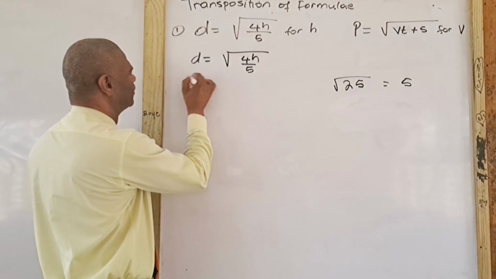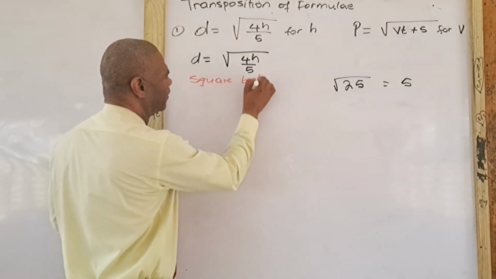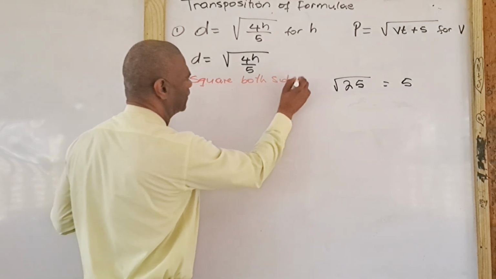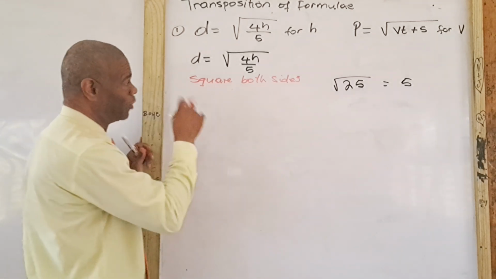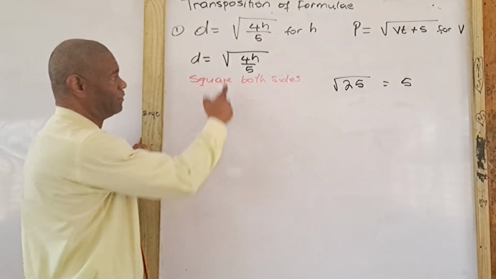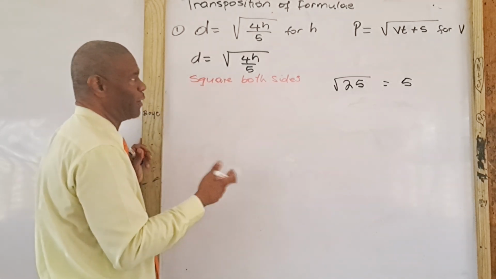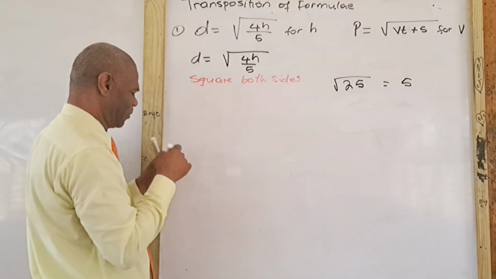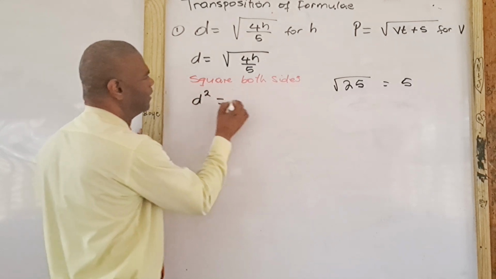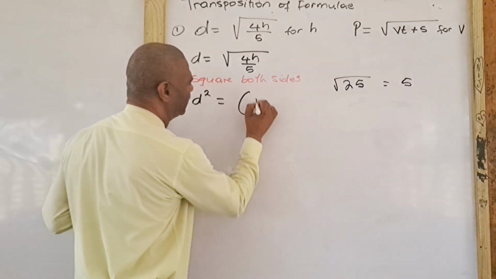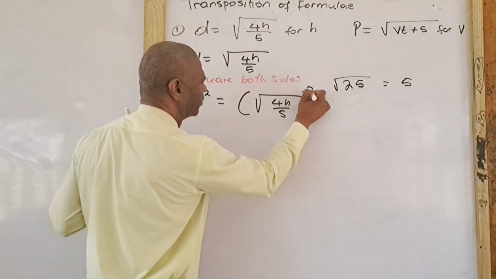So we square both sides. We perform the opposite. The opposite of the square root is to square. If I square it, then I get rid of it. So we now end up with d squared equals 4h divided by 5, all squared.